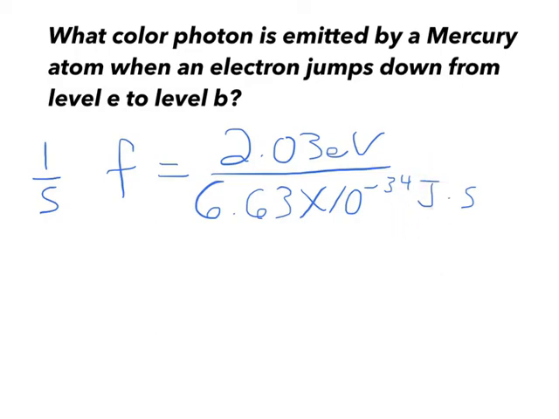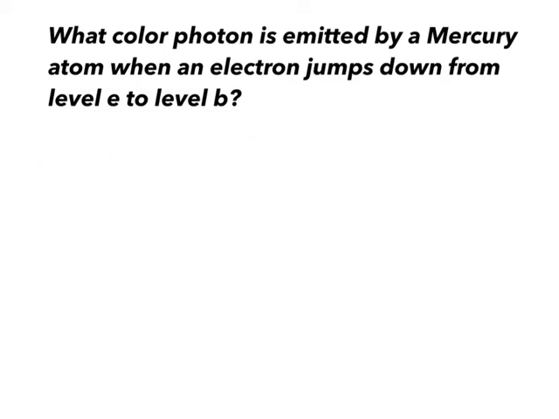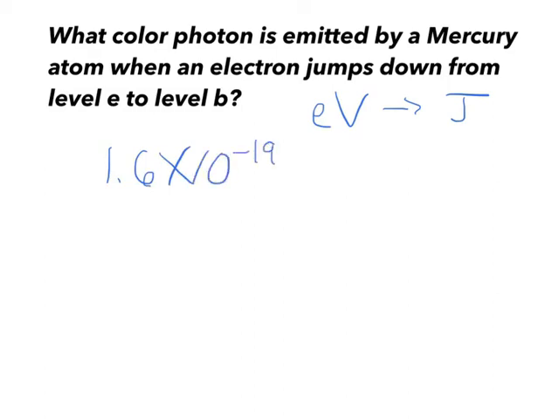In other words, I need to know how many joules 2.03 electron volts is. And that means I need a conversion factor between electron volts and joules. So I look on the front page of my reference tables where I see that 1.6 times 10 to the negative 19 joules is equal to 1 electron volt.